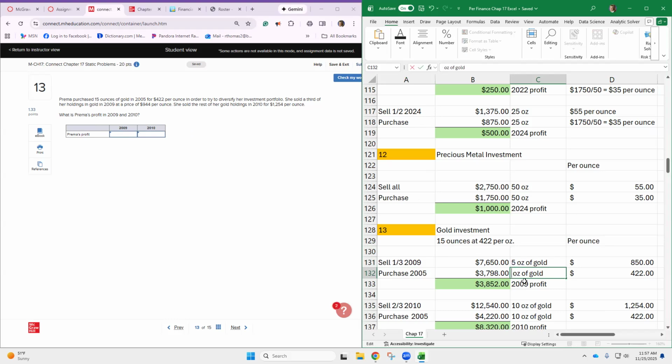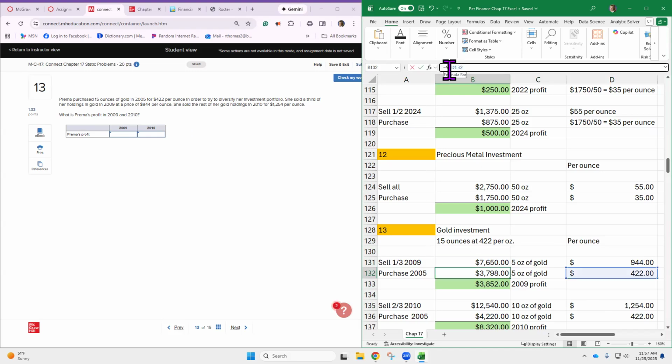So we got to make sure to use 5 times 9.44. Okay, here's what we need. When we purchased it, we're going to take 5 ounces times the 422 price. Okay, remember $4.22 an ounce is how much. Let me put the dollar sign in front of this 422 so you recognize that. So 5 times 422 is a purchase of $2,110.